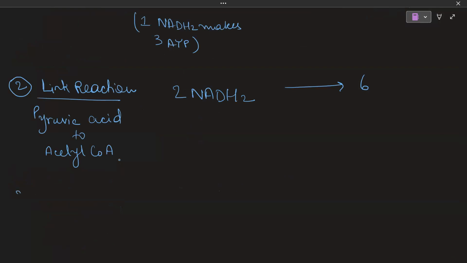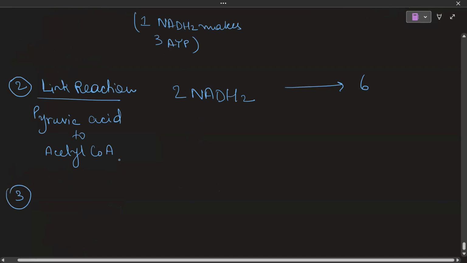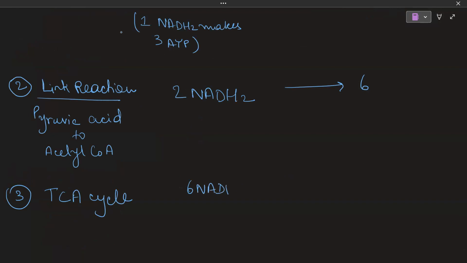After that, the third step, the last one, is the citric acid cycle. Here, you can write TCA cycle or citric acid cycle. Now, the source: first of all, 6 NADH2 are made. Then how many ATP will be made? 18, because 6 threes are 18, right?